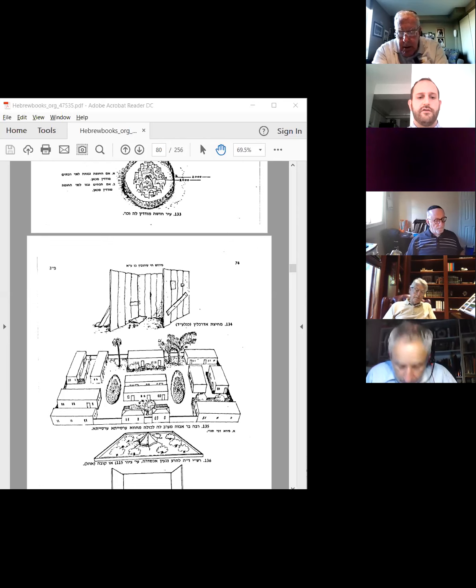It's written city, but we read it as Chatzer. So that's how we learn that the courtyard of a king is the same size as a city would be for a normal person.